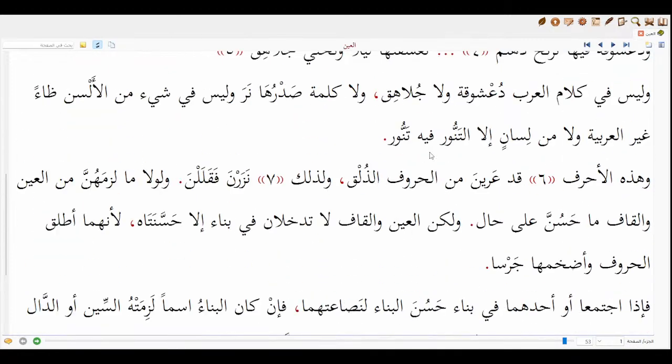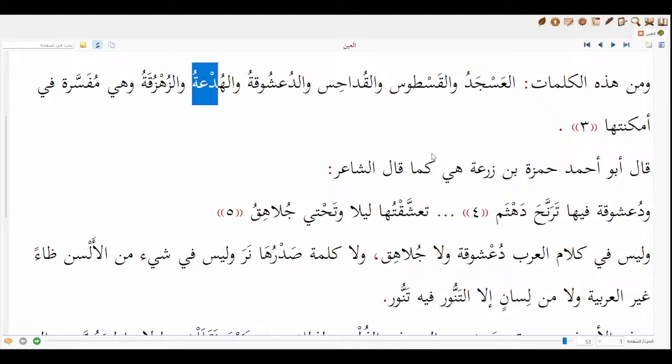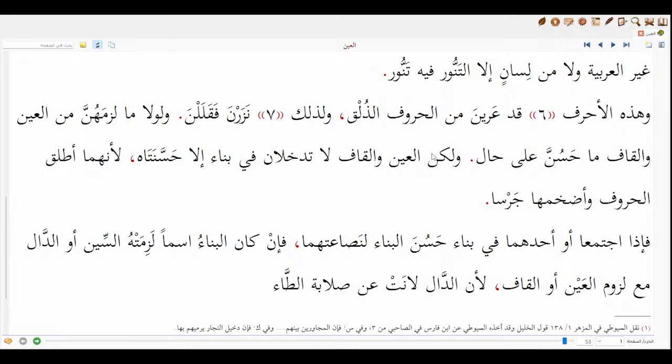So he's saying, if it wasn't for these ʿayn and qafs which entered upon these words, then they would have never been thought good enough to be used in Arabic. So these words would have been discarded.